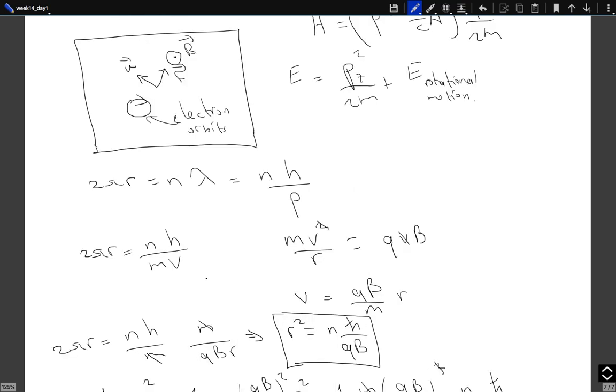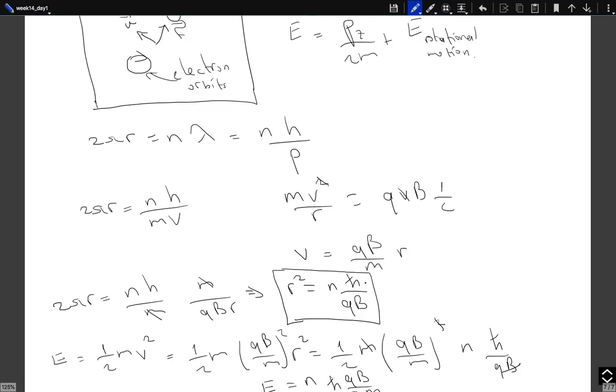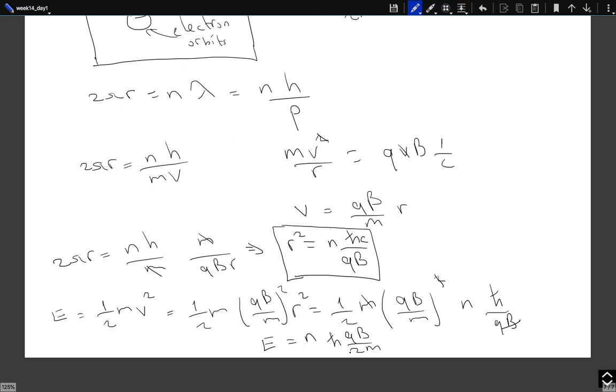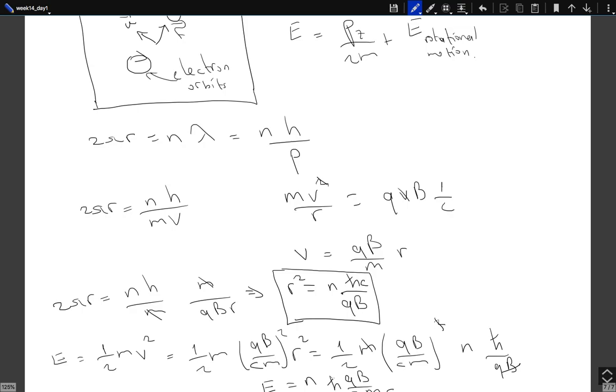Okay, let me make a couple of changes to match the units. In your book, with the units used, there is a factor 1 over c over here. So there is a factor c over here, and there is a factor c over here. It becomes c squared. Let's see.